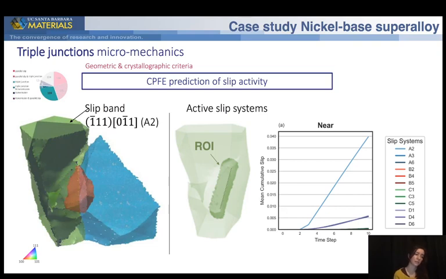We believe that such a good agreement is directly linked to the fact that we took into account the 3D nature of the microstructure, its crystallography, and its geometry. Therefore, using geometric and crystallographic considerations, we can understand why some triple junctions will induce the formation of slip bands while others won't.